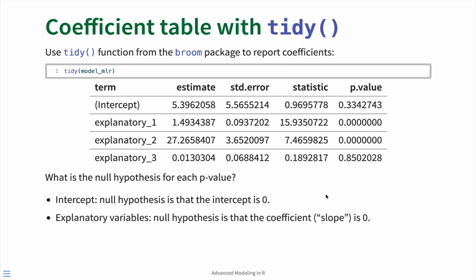Another interesting column that we get out of the tidy function is this last one, p.value. This reports a p-value for each of these coefficients, which represents a hypothesis test. So you might ask, what is the null hypothesis in this case, which we're calculating the probability of, the p-value?